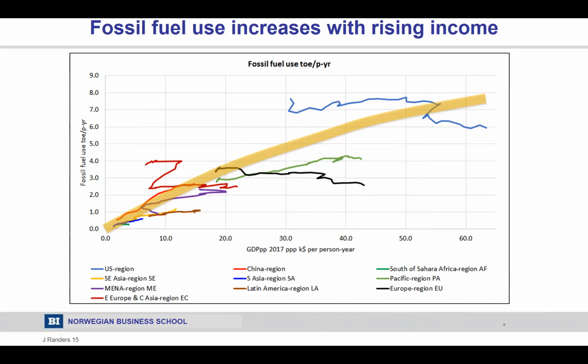And so when you go down to the regional level, you replace the yellow lines with the continuation of the actual data for the region, and thereby you get a better fit.